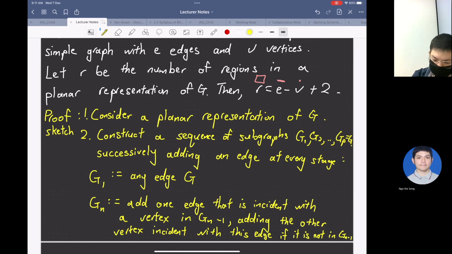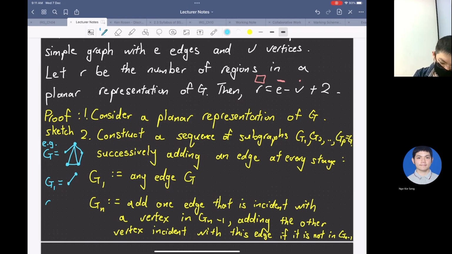So for example, let's say our G is something like this. So this is our G. So what's G1? Maybe for G1 you can take this edge on the top left.